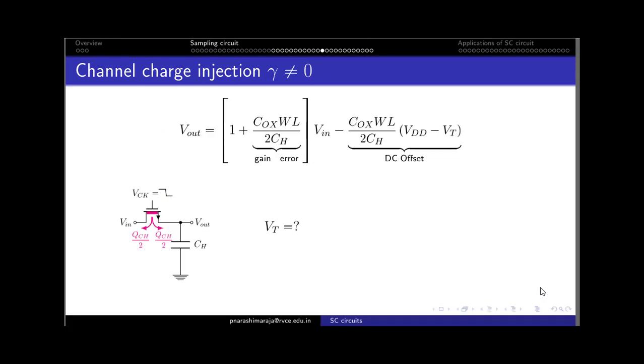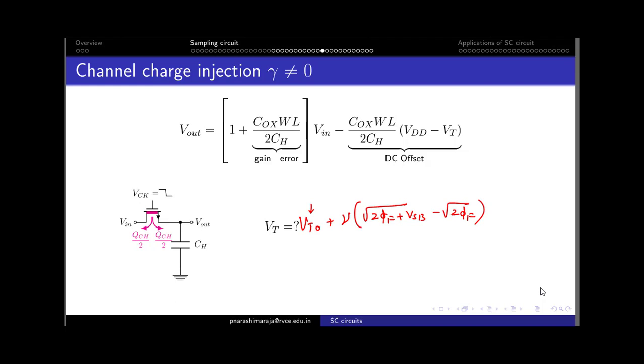The body effect can be modeled by a change in the threshold voltage of a device. So what would be the new value of the threshold voltage when there is a body effect? It is Vt0, where Vt0 is the threshold voltage when there is no body effect, plus gamma times the square root of 2 phi f plus Vsb, minus the square root of 2 phi f.